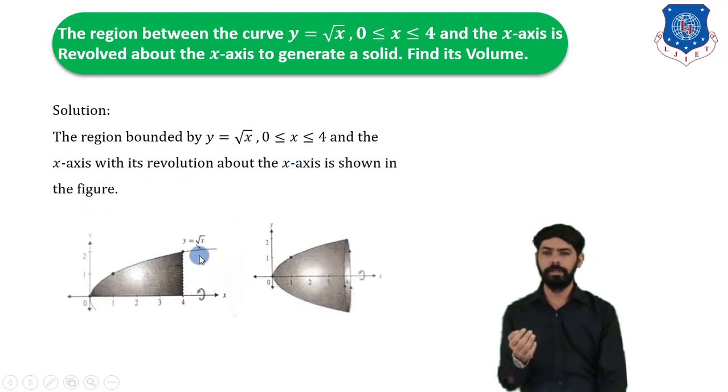Here this is the graph of y equal to root x, and this is rotated about the x-axis so that this solid is generated, and we will have to find the volume of this solid. Here, as we have discussed earlier, we will apply the formula of volume when the curve is revolved about the x-axis. Here the limit of x will be from x equal to 0 to x equal to 4.